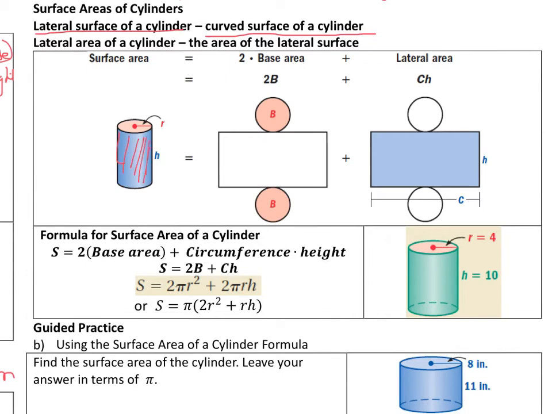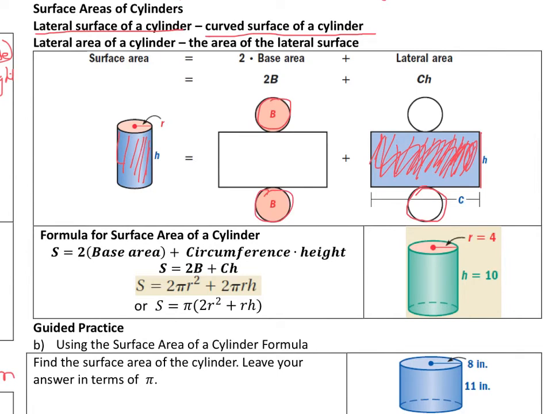So if we open this curve up, it will be shaped like a rectangle. And to calculate the lateral area of a cylinder, you need to take the circumference 2 pi r and multiply by its height and add it to 2 of the base areas.